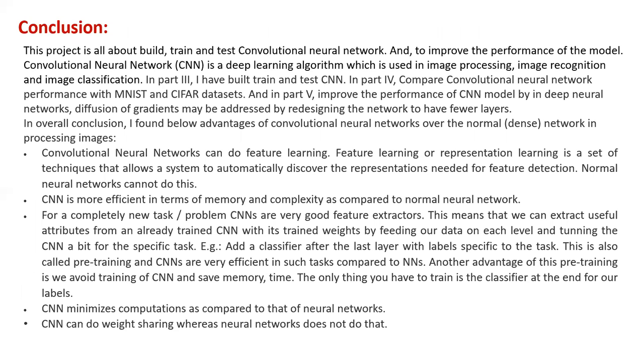So in overall conclusion, this project is all about building, training, and testing a convolutional neural network and improving the performance of the network. A convolutional neural network is a deep learning algorithm which is used in image processing, image recognition, and image classification.